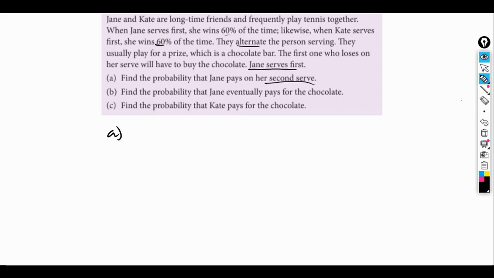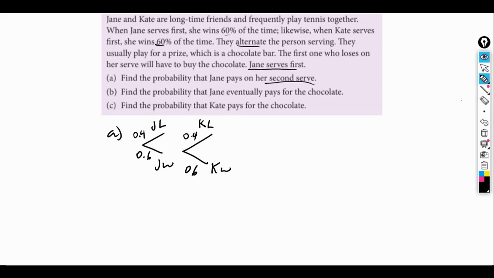For this, we're going to use a tree diagram. Notice that Jane serves first. So Jane can either win or lose. Her probability of winning is 0.6. Therefore, the probability of losing is 0.4. After this, Kate serves. So Kate can either win or lose, and again, it's going to be 0.4 and 0.6.